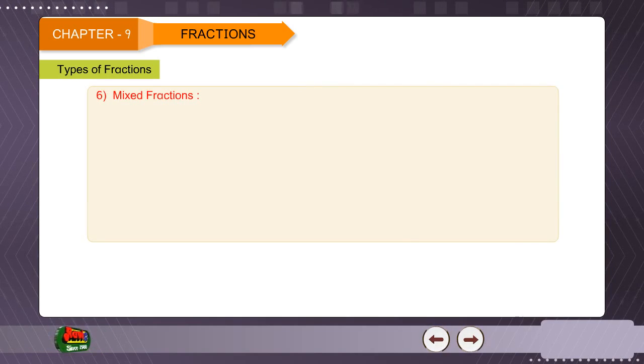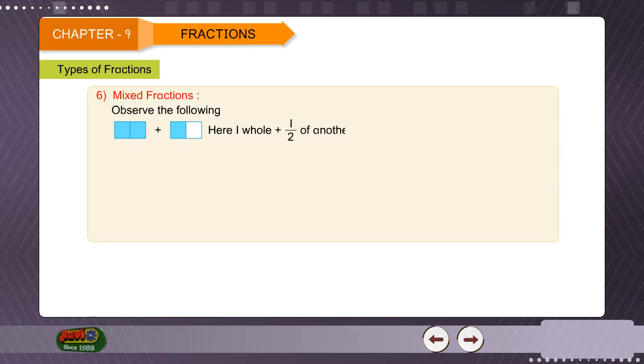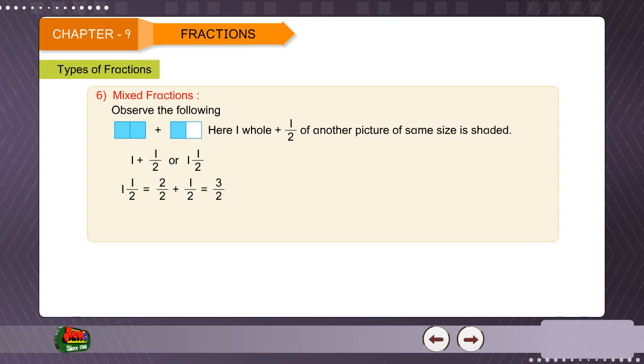6. Mixed fractions. Observe the following. Here one whole and 1 by 2 of another picture of the same size is shaded. 1 plus 1 by 2, or 1 1 by 2, is equal to 2 by 2 plus 1 by 2, which is equal to 3 by 2.